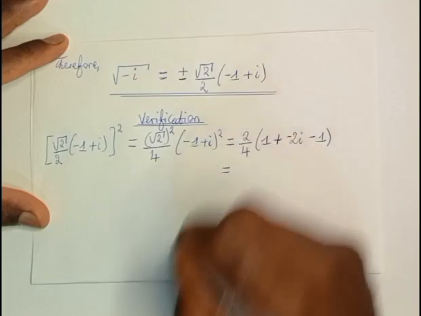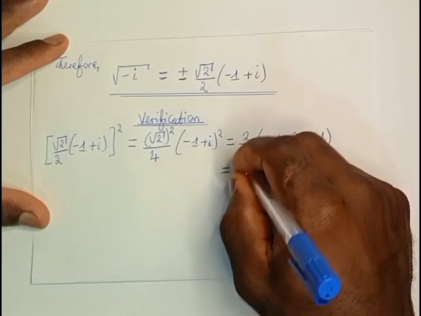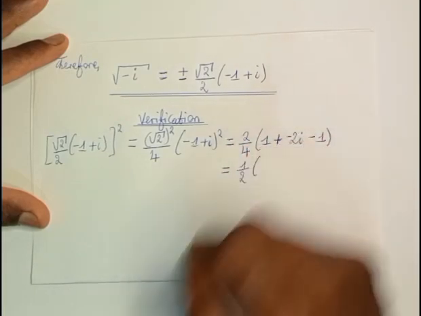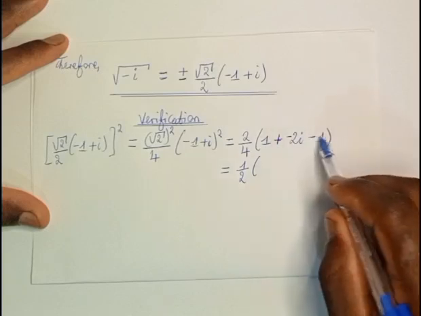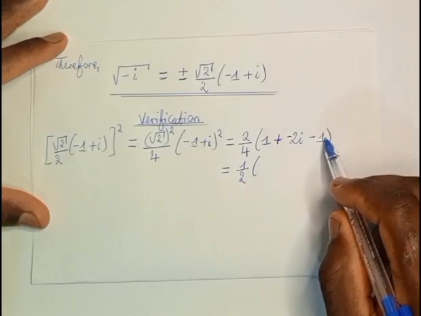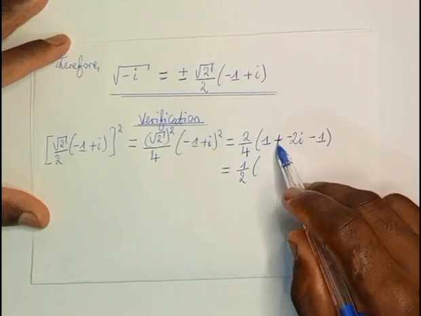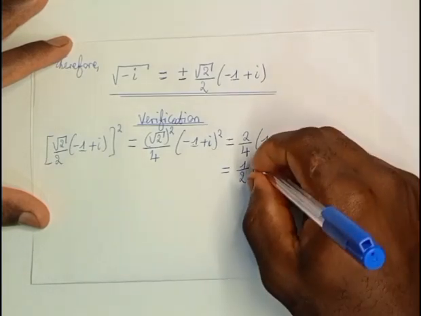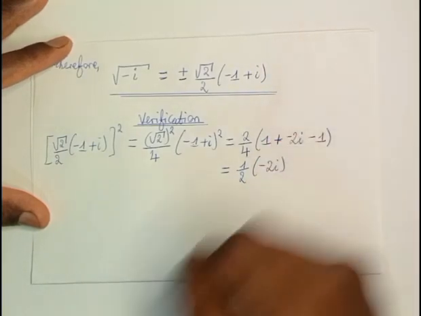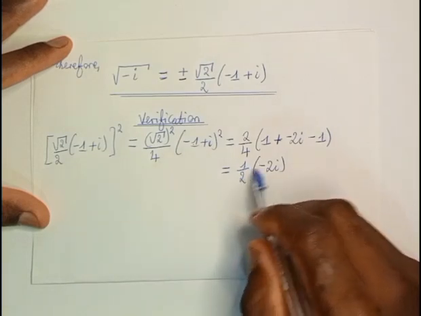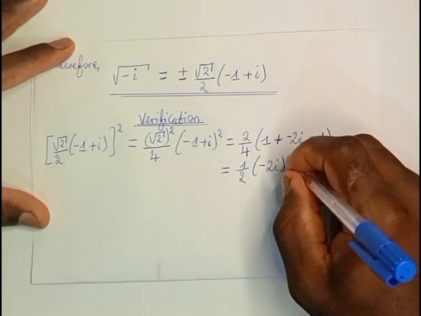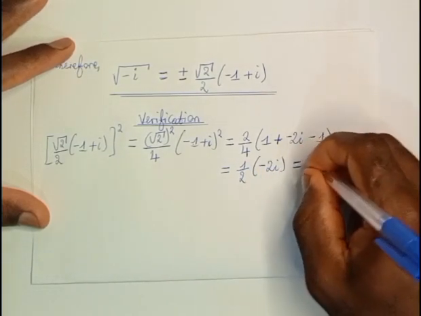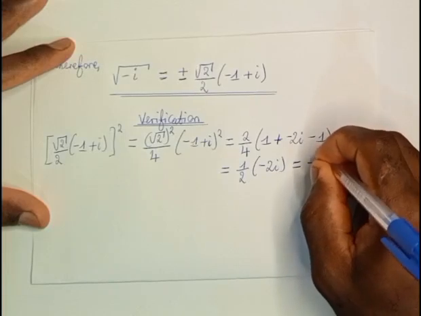This will simply be equal to 2 over 4 gives us a half times 1 minus 1 gives us 0, plus negative 2i, which is negative 2i. A half times negative 2i is simply equal to negative i.